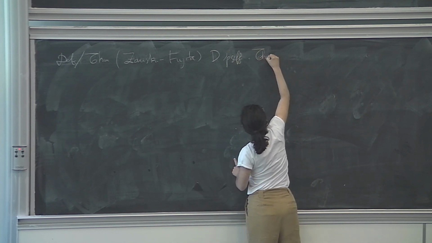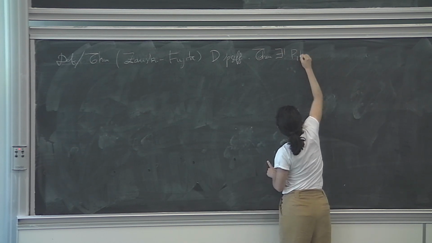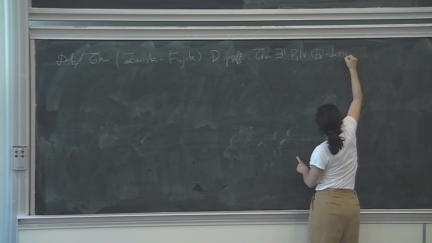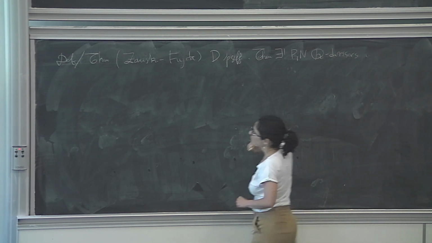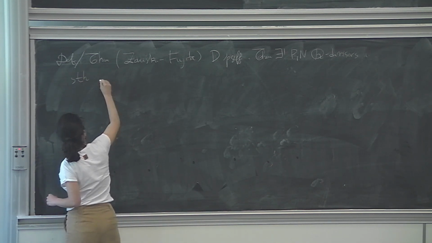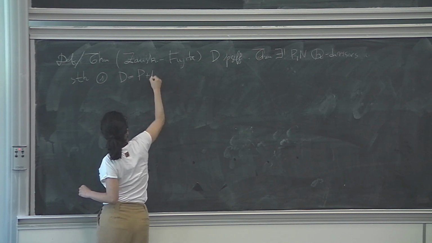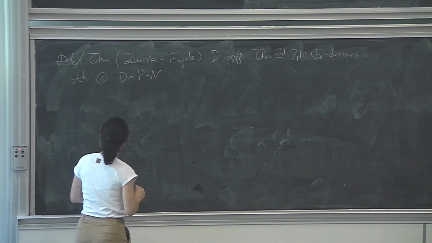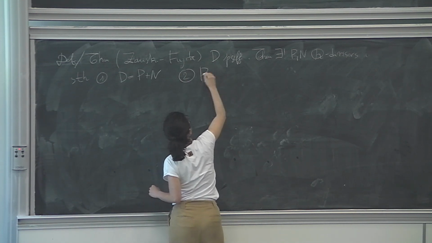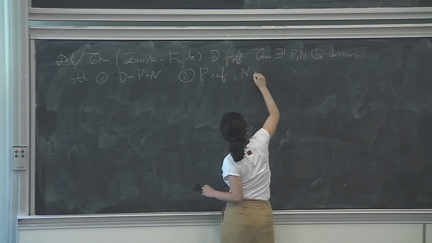Then we can find unique P and N Q-divisors with the following properties. So first of all, D is P plus N. And then 2, P is nef, and N is effective.